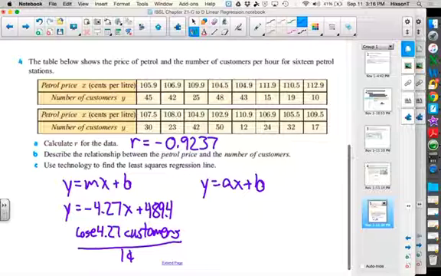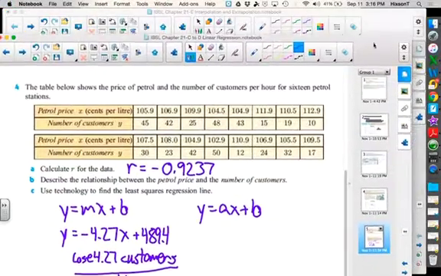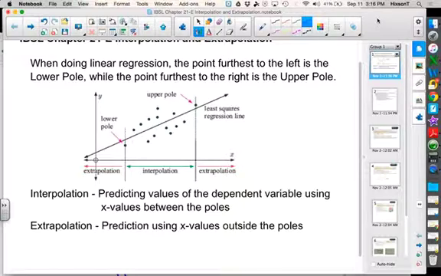Probably not, okay? It's at least not very reliable because it's well beyond any of our other data, okay? And that's one point that we have to understand about extrapolation. The further you get outside of the poles, the less reliable our least squares regression line will be to approximate the value. Okay?